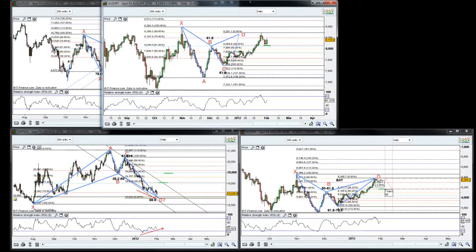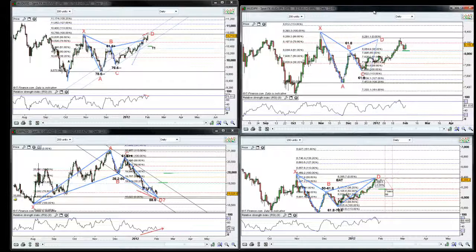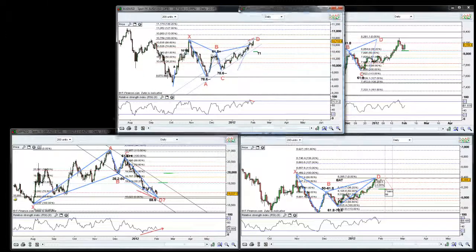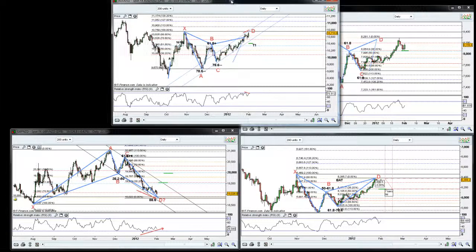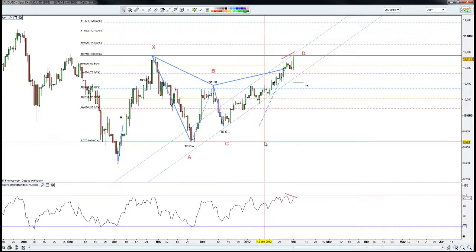Okay, so the second pair I'd like to look at is the Aussie dollar against the US dollar, and I'm involved in this twice, if you like. Again, I've been looking at this and describing this in videos of the previous weeks, because it has quite nice Fibonacci relationships within this 5-pointed harmonic Gartley pattern.